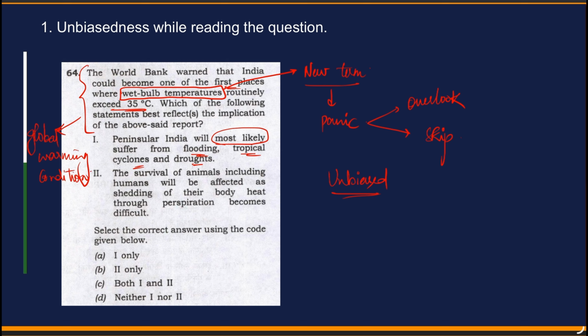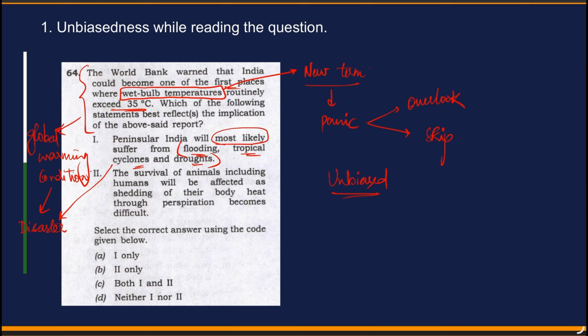Time and again we would have read that global warming may lead to disasters. That is what they are talking about. And so from this we can correlate that the first statement is most likely correct.